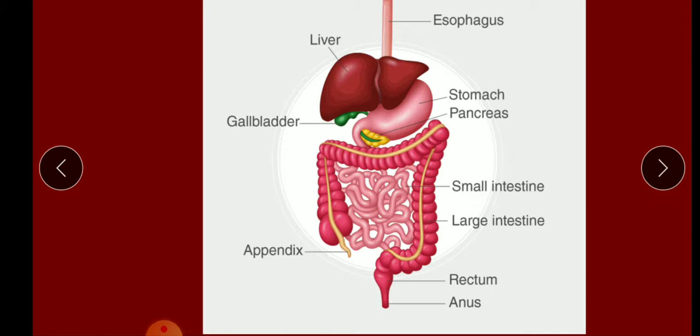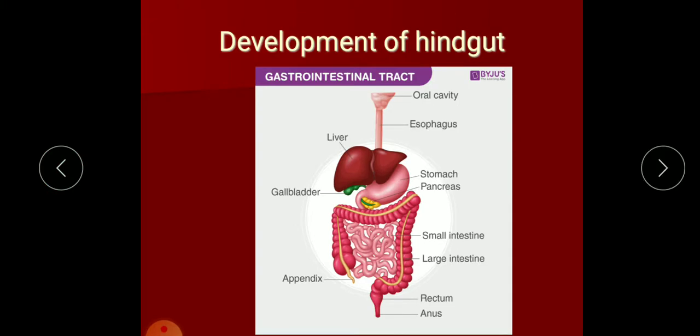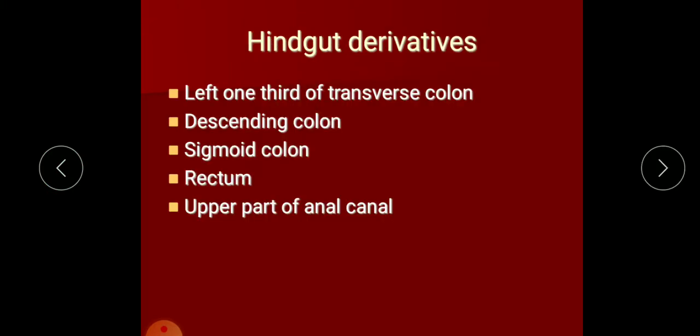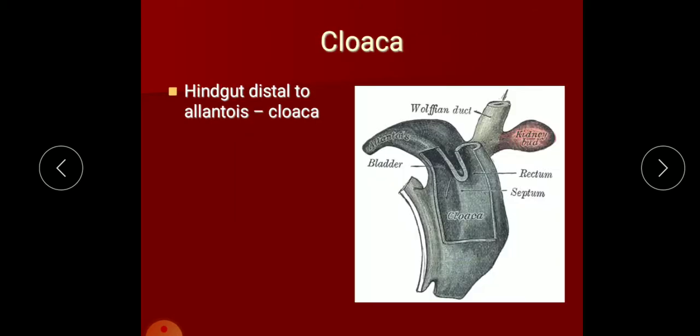So all other regions will be endodermal in origin except those terminal parts, that is the anal canal below the level of the pectinate line. Fine. So now read that. Left 1/3 of transverse colon, descending colon, sigmoid colon, rectum and upper part of anal canal till the pectinate line is derived from hindgut.